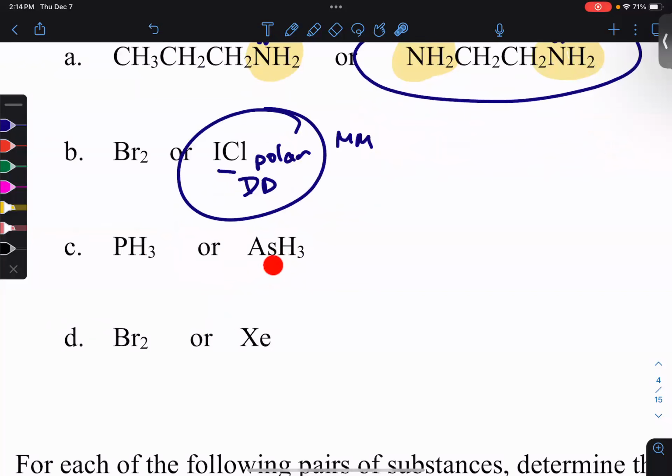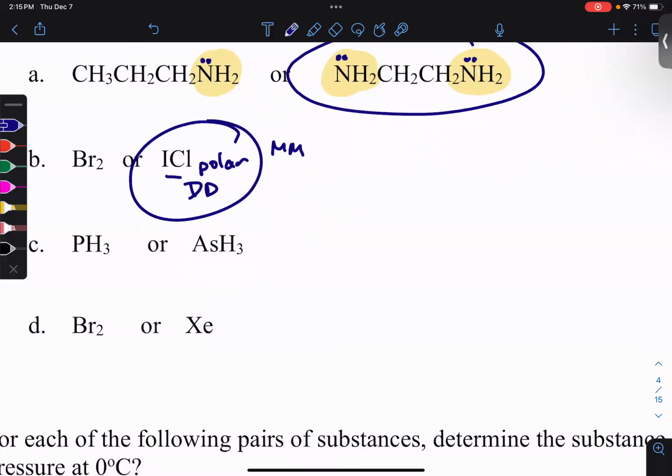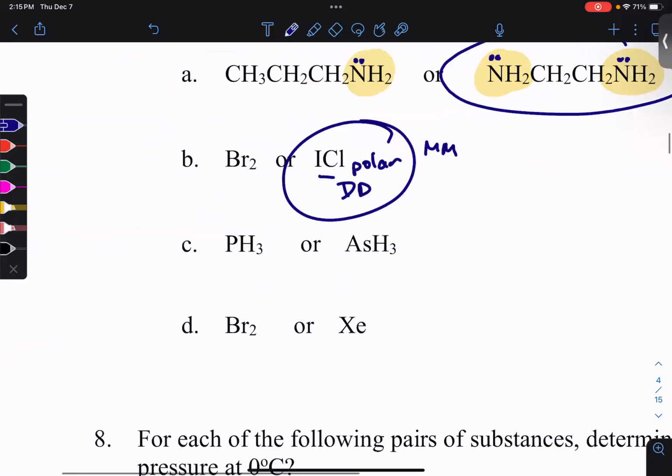PH3 and AsH3. So maybe drawing the two compounds would be useful. I recognize phosphorus and arsenic are both in group 5. Same thing as nitrogen, and I know the Lewis structure of NH3 looks like this, where there's a lone pair on nitrogen and three hydrogens attached to nitrogen.